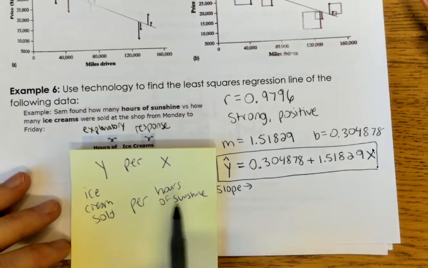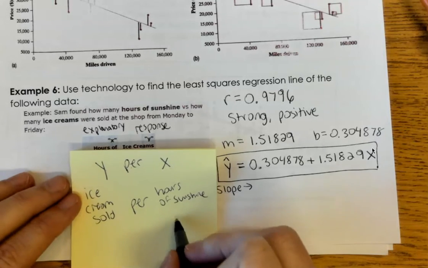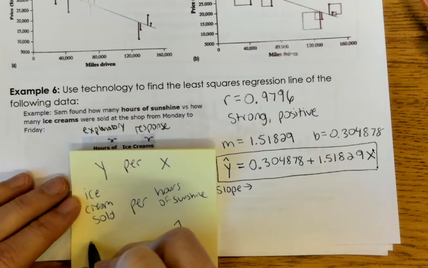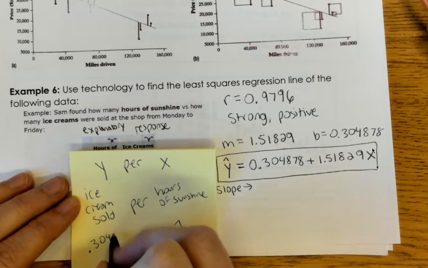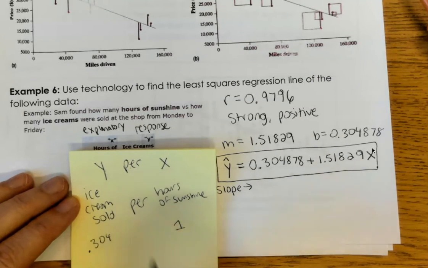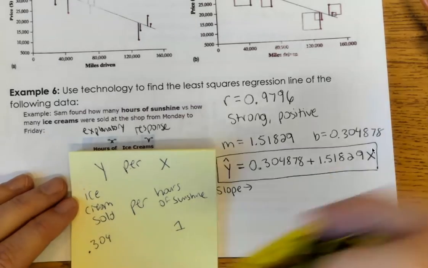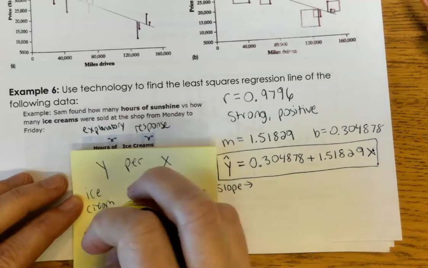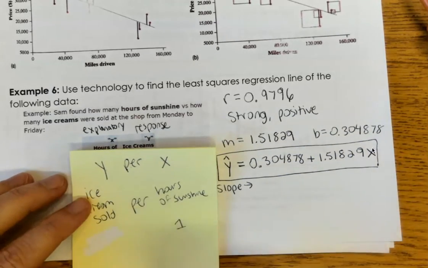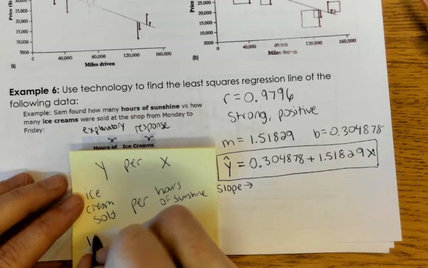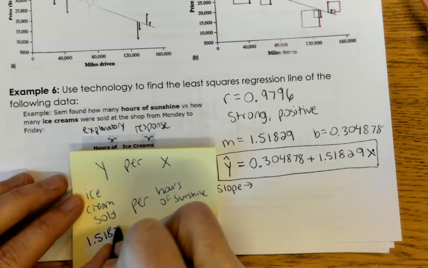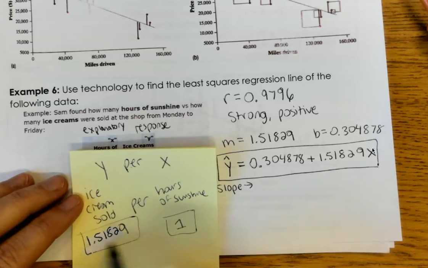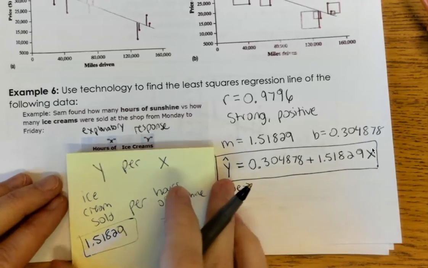Alright, so my M is going to be for every 1 hour of sunshine, I have 0.30, ooh, I was writing my y-intercept. Had me back in algebra mode with that y equals mx plus b. Alright. For every 1 hour of sunshine, we sell an additional 1.5 ice creams.